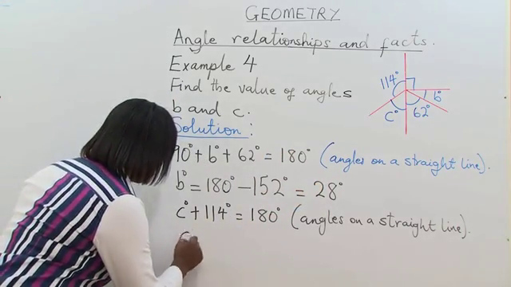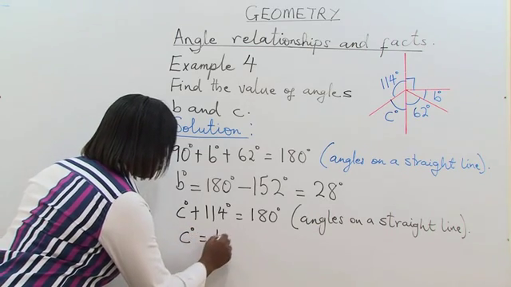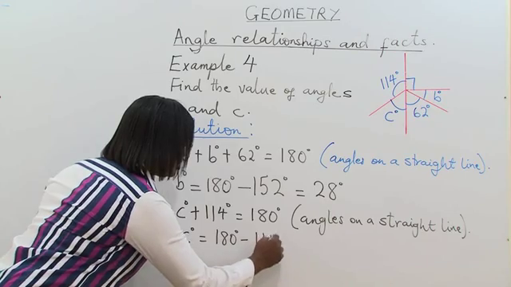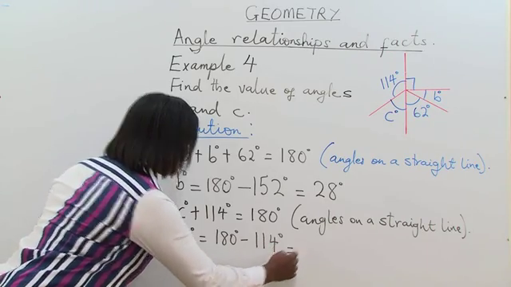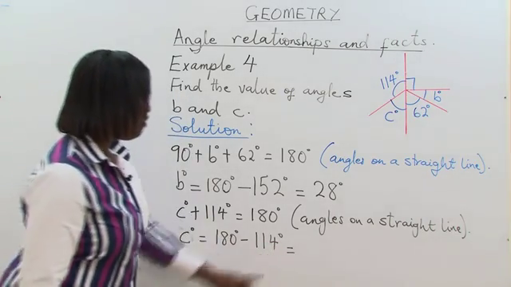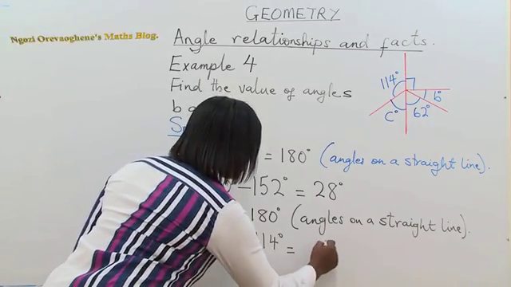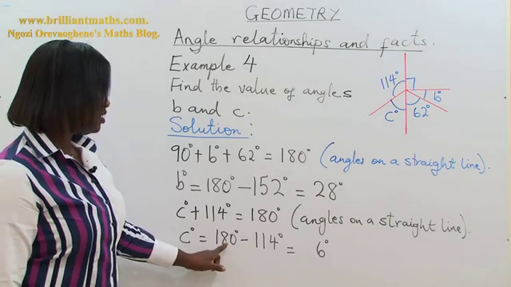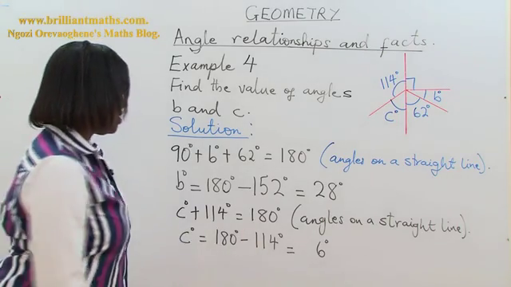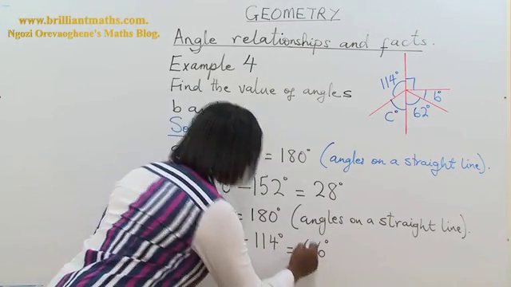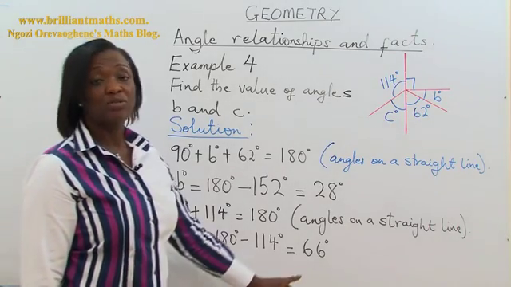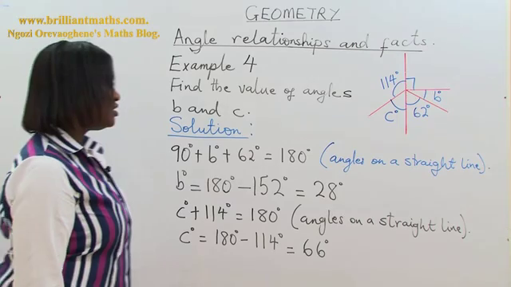So angle C is equal to 180 degrees minus 114 degrees. And that gives us 10 take away 4 is a 6. We've borrowed 1 from the 8, so we are left with 7. 7 take away 1 is also a 6. So that means that angle C is equal to 66 degrees.